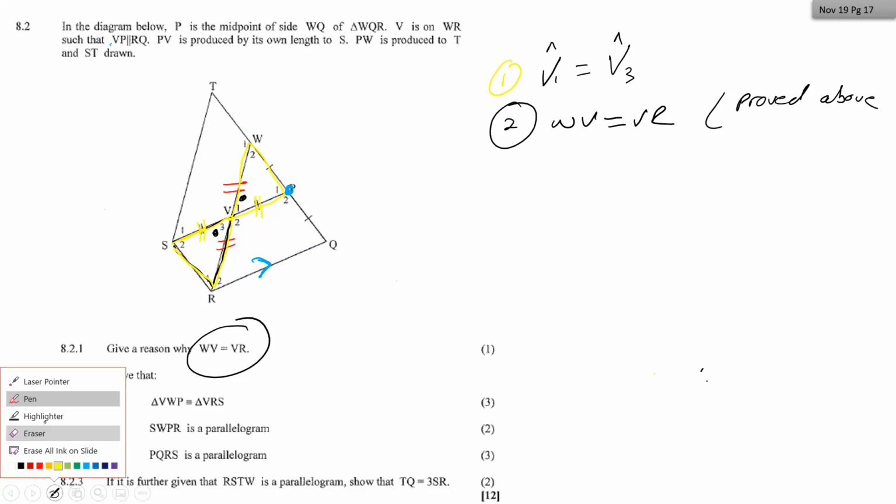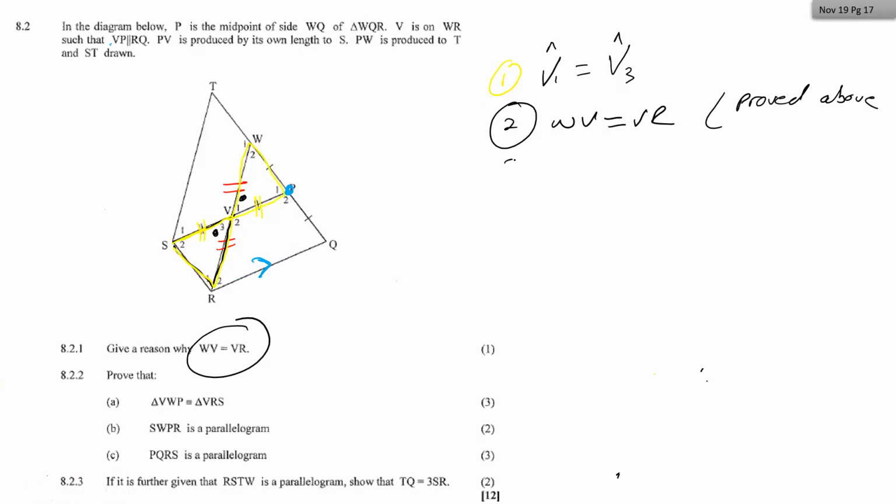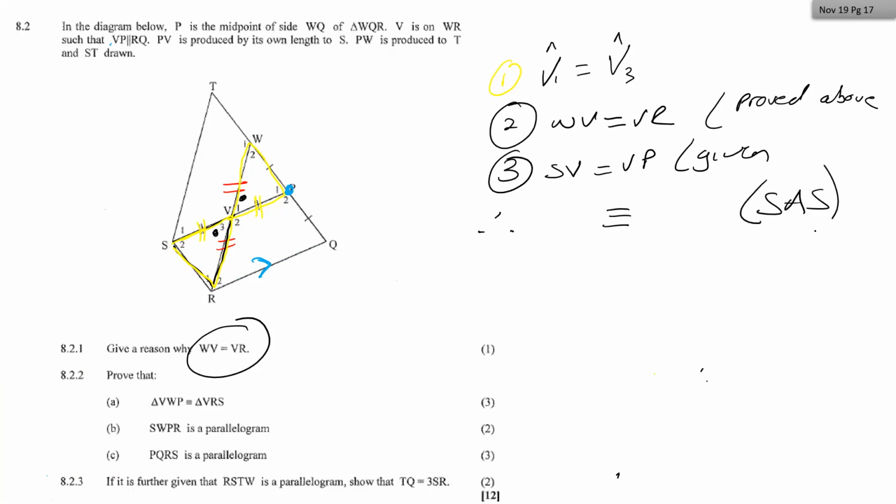So that's going to be my number 3. Number 3, I'm going to say that SV is equal to VP, and that was given. And therefore, the two triangles labeled there are congruent, and the case you're looking at is side, angle, side.